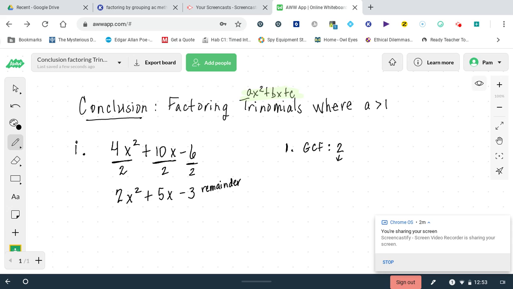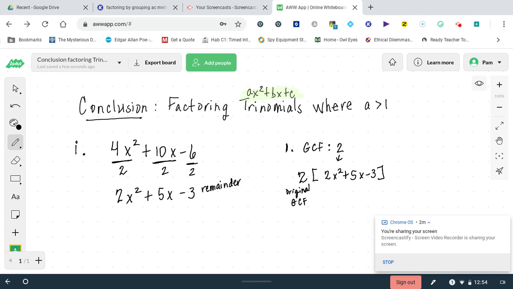But right there, I have 2, which is your original GCF, times your remainder. I'm putting my remainder in a bracket because I'm going to be able to factor this remainder. If you can factor your remainder, you need to try to keep it separate from your original GCF.